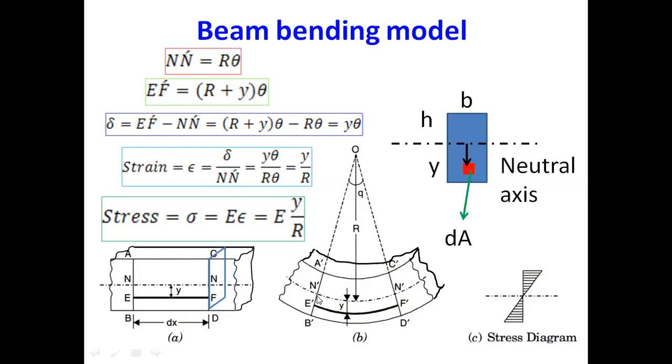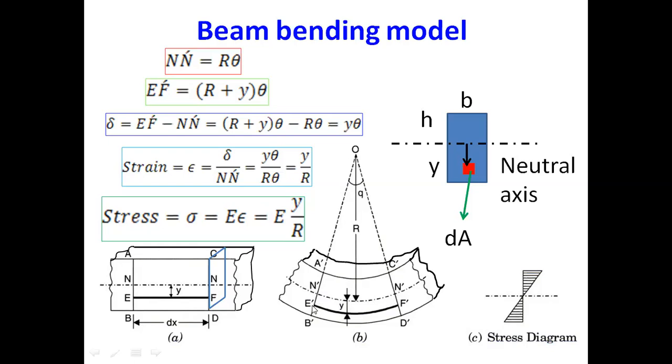This is the length of this fiber at the neutral axis. And if we move in the downward direction, at a distance y, we are taking y as positive in the downward direction.